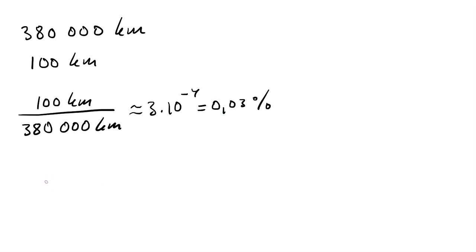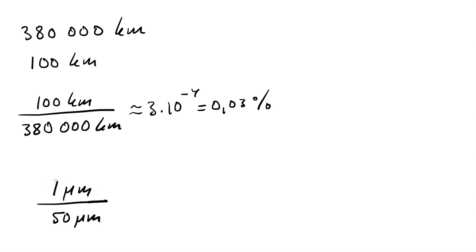We had the other measurement, where we had a measurement error of 1 micrometer, and we measured it to be 50 micrometers. This could, for example, be if we measure the width of a hair.